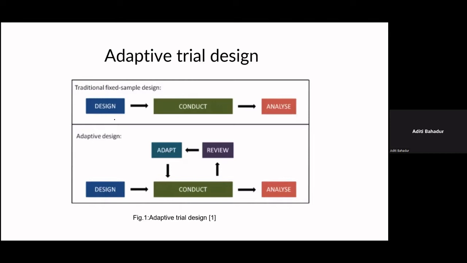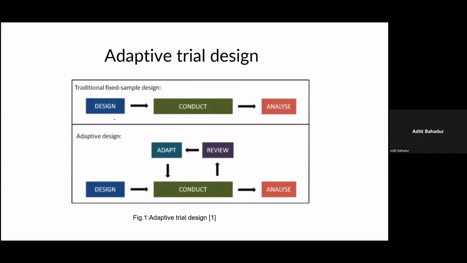This is often the case where the drug is a traditional molecule which you're adapting, or the formulation is already known. In that case, we don't need an adaptive trial design because we know the outcomes we're going to get, and we're also well aware of the side effects. We just want confirmation. But in circumstances where we are testing a new drug molecule, an adaptive trial is often beneficial.